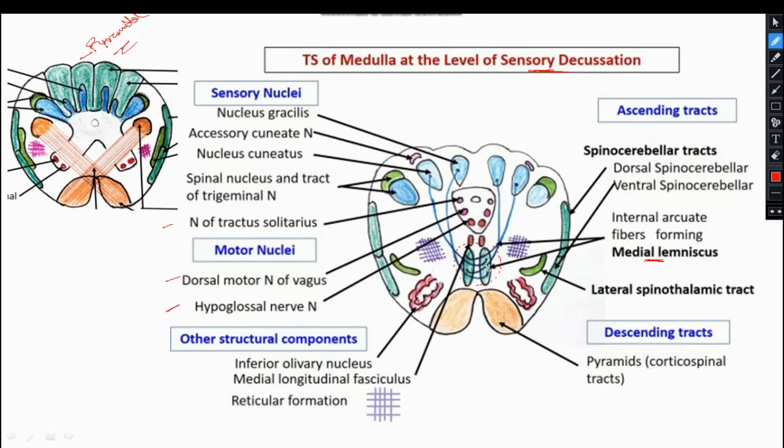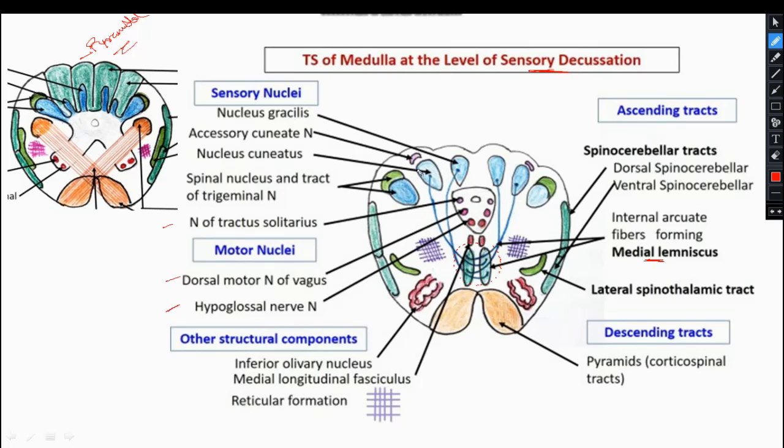So decussation is taking place at this point, and how is this decussation taking place? See, in this image we can see the cuneate and gracilis fasciculi. These fasciculi are absent here, and the nuclei are much enlarged.